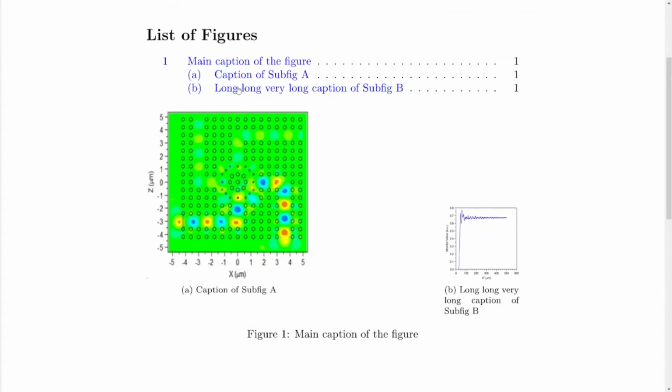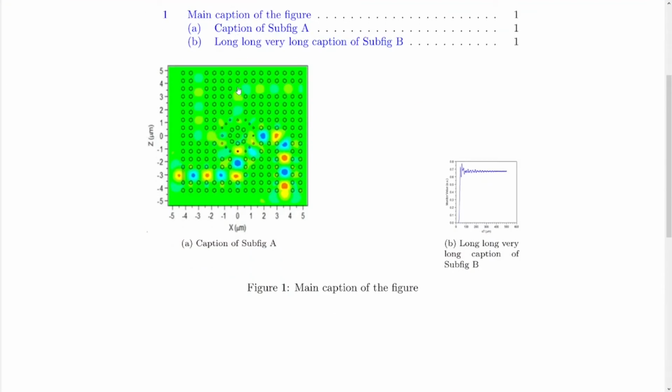Then you will find there are three problems associated with the subfig package. Number one, the two subfigures are not able to be aligned properly. Alignment of subfigures is not proper. Second problem is, if the caption of the subfigure is very long compared with the width of the subfigure, then the subfigure caption will occupy more than one line.